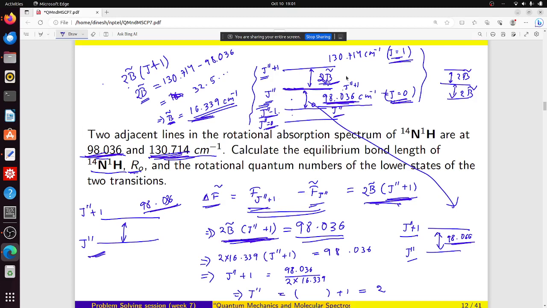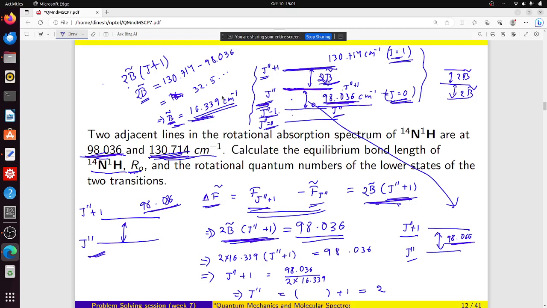So we assumed what? This initial state to be 0 to get the value of B. Then we got the B tilde value. Now we need to calculate using the transition formula. We don't know what is the value of J for this line and what is the value of J for this line.